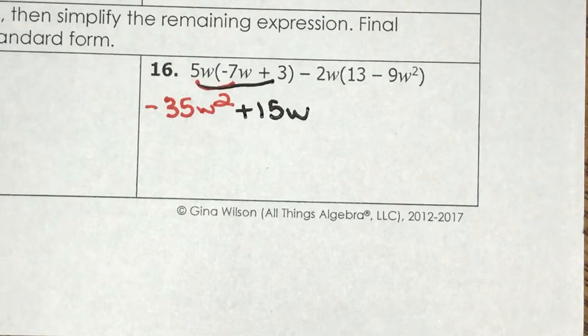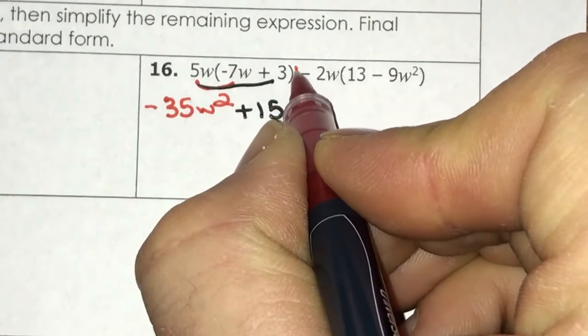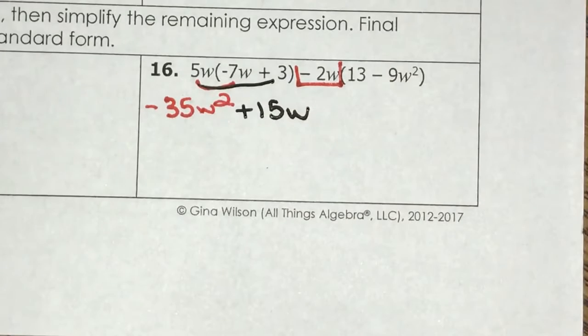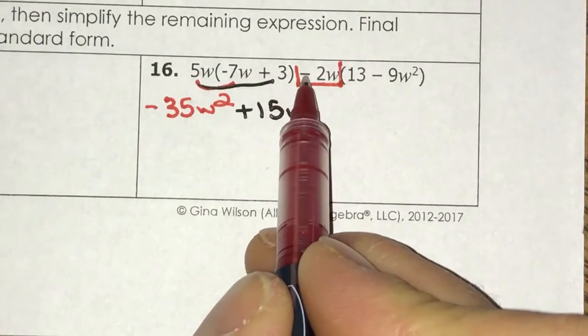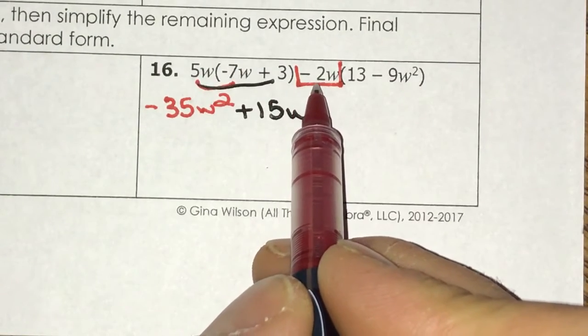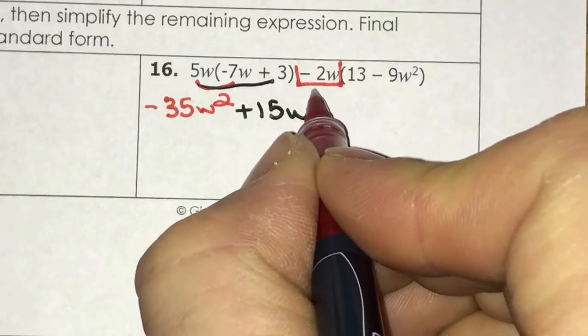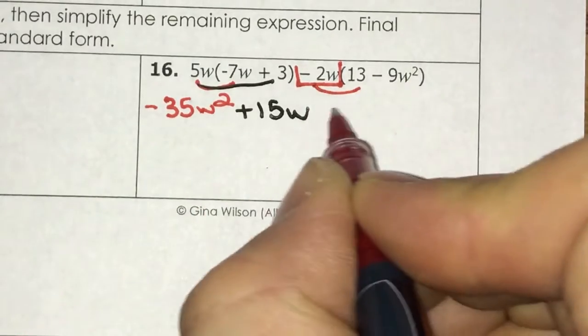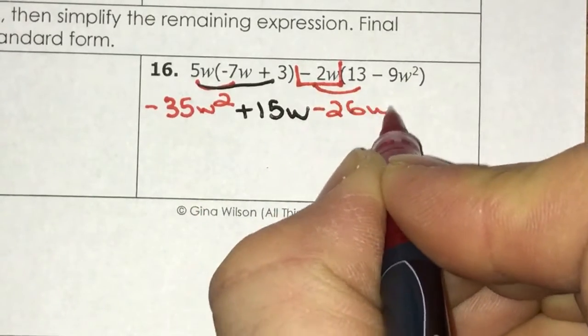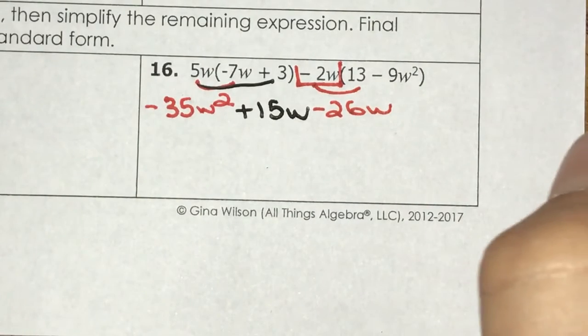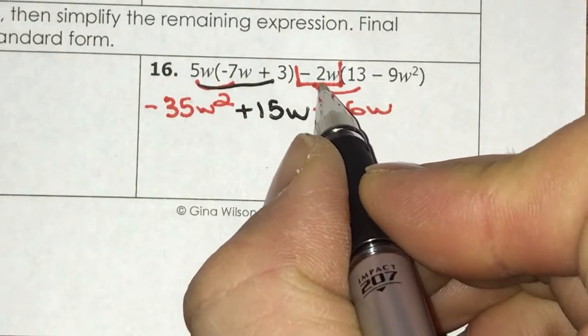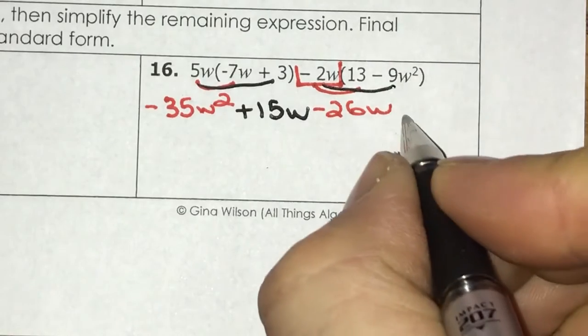Before you start combining like terms, make sure you do all your distribution first, okay? But when you distribute this 2w, take the negative with you. That's the important point there. So now negative 2w times 13 is negative 26w. And negative 2w times negative 9w squared is plus.